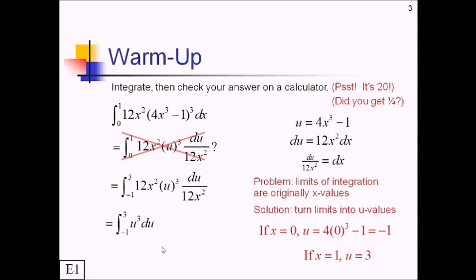And I'm going to put this directly in my evaluation box now with negative 1 and 3, because, again, negative 1 and 3, those are u values. I'm allowed to plug them directly in for this u. So let me go ahead and do that. I've got this 1/4 that's going to get multiplied by the things that are being subtracted. I've got 3 to the 4th, and then I'm subtracting negative 1 to the 4th.